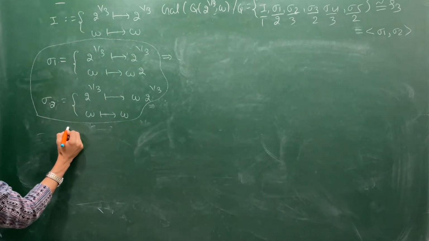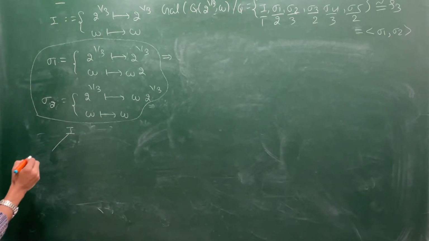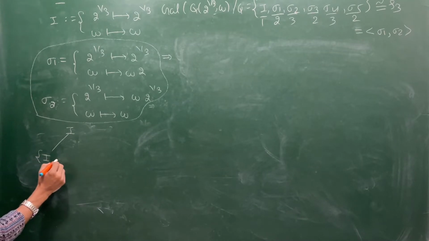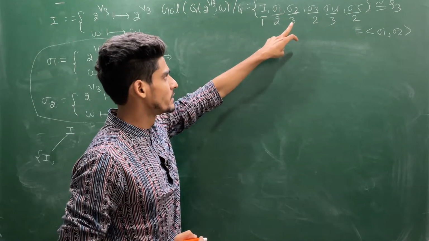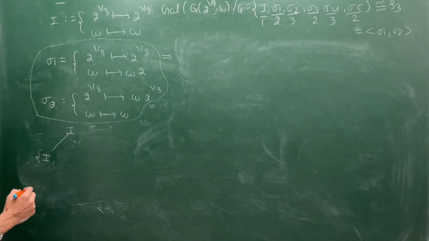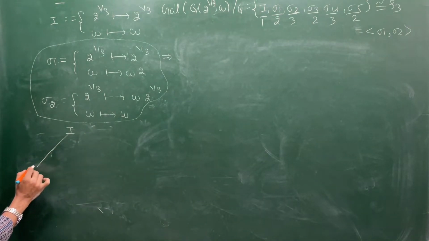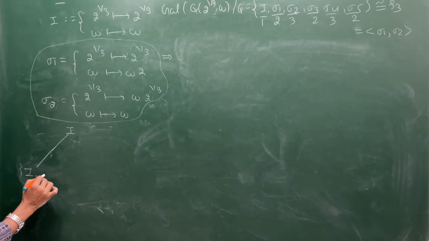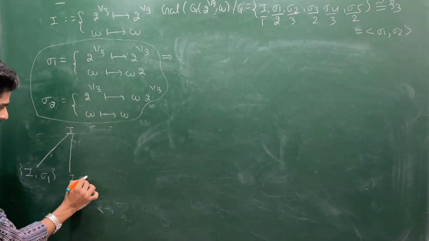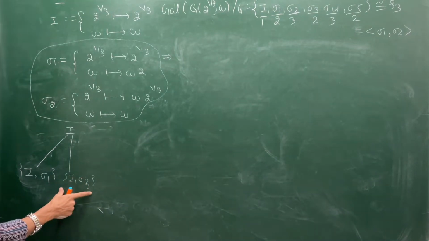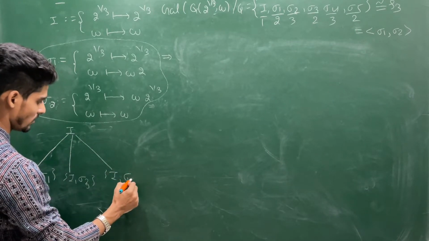One subgroup is the identity subgroup, then there are subgroups of order 2 and order 3. For the 2 order subgroups: identity and sigma 1, identity and sigma 3, identity and sigma 5.